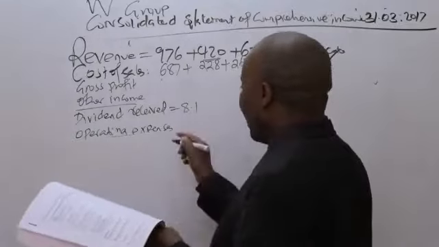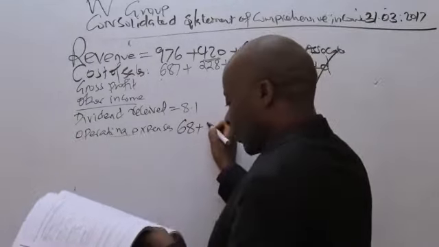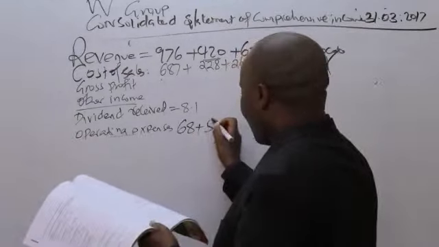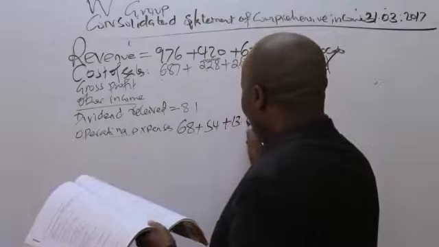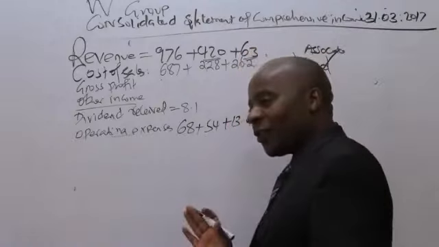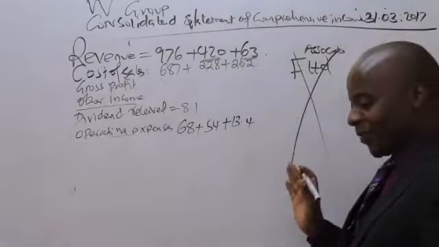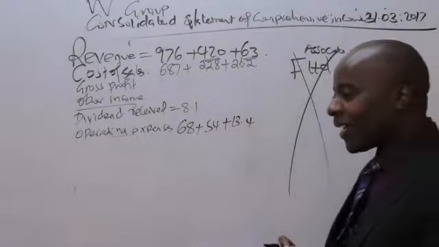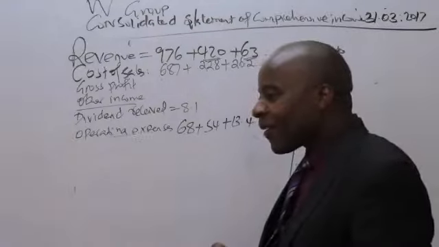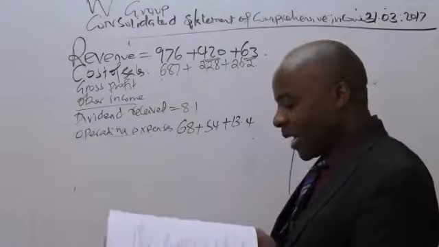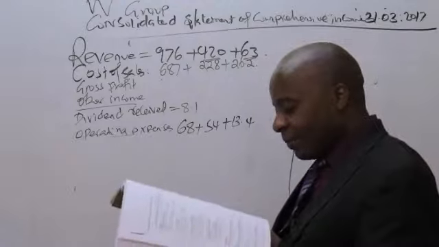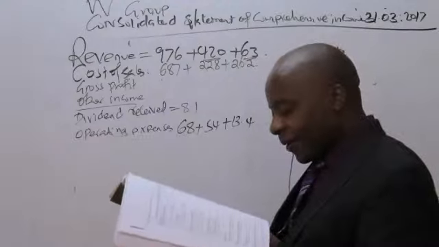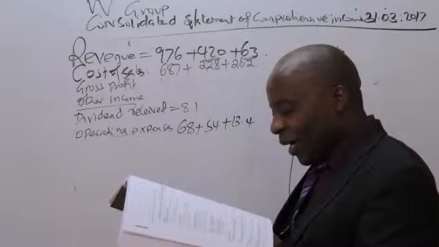So we have 68 plus 54 plus 13.4. Don't take your calculator yet. Yes, other income is 6.1.